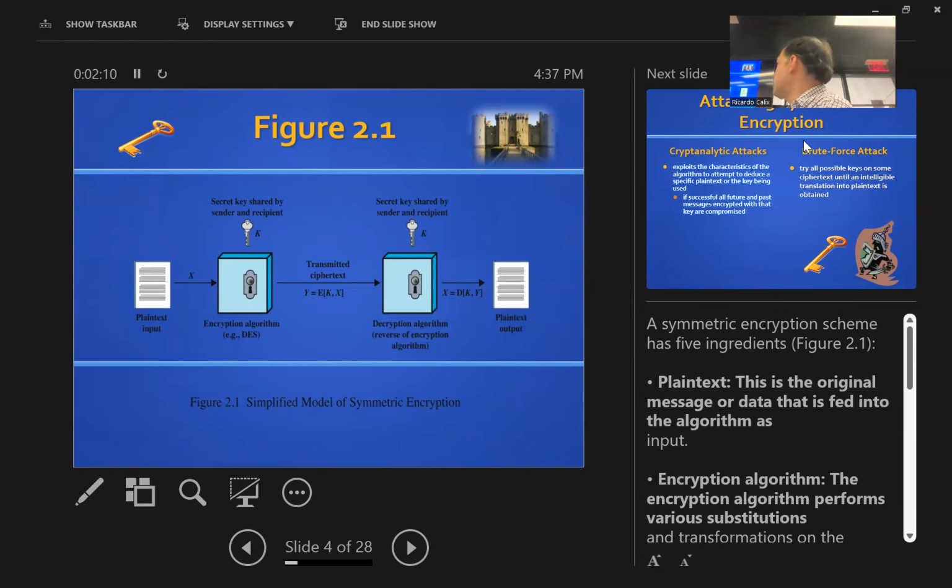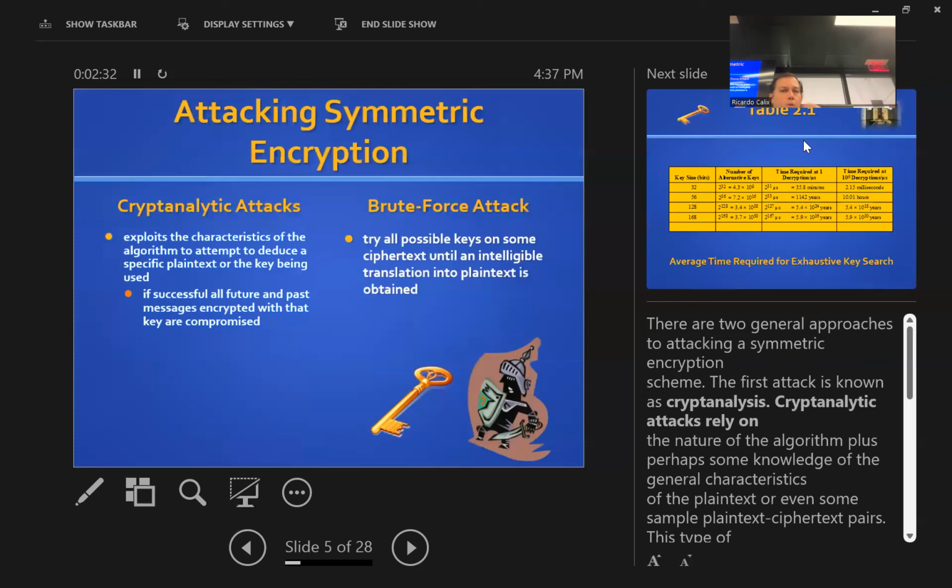Then we transmit the ciphertext, which is the result of encrypting the plain text with the key. That is received on the other end and has to be decrypted. So we need an algorithm to reverse the process and obtain the plain text. That summarizes symmetric encryption.